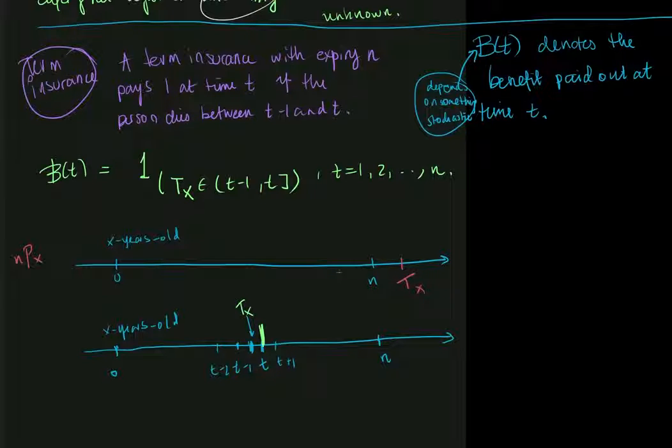So this occurs with, well, what's the probability that this occurs? The probability that this occurs is the probability that the remaining lifetime lies between T minus 1 and T, right? So that's the probability that this will occur.